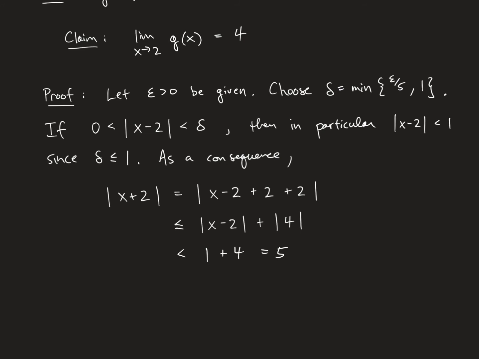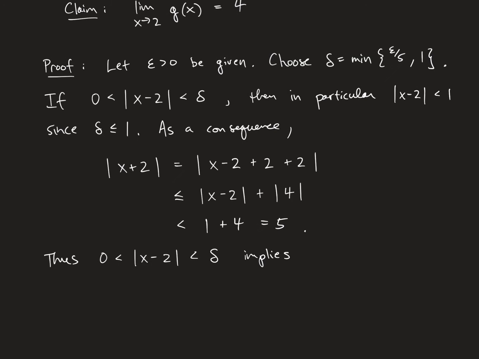Thus, the absolute value of x minus 2 being between 0 and delta implies, and here's where we go in for the kill, the distance between g of x and 4, g of x being x squared minus 4, is the absolute value of x minus 2 times x plus 2.